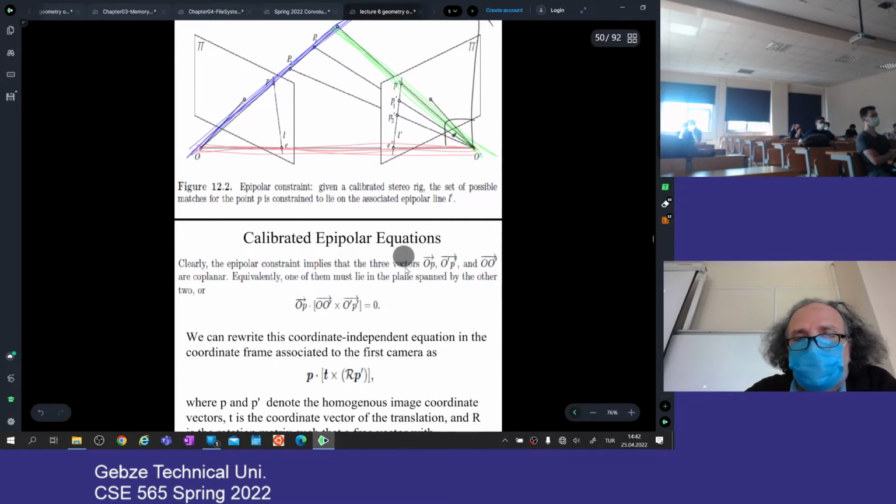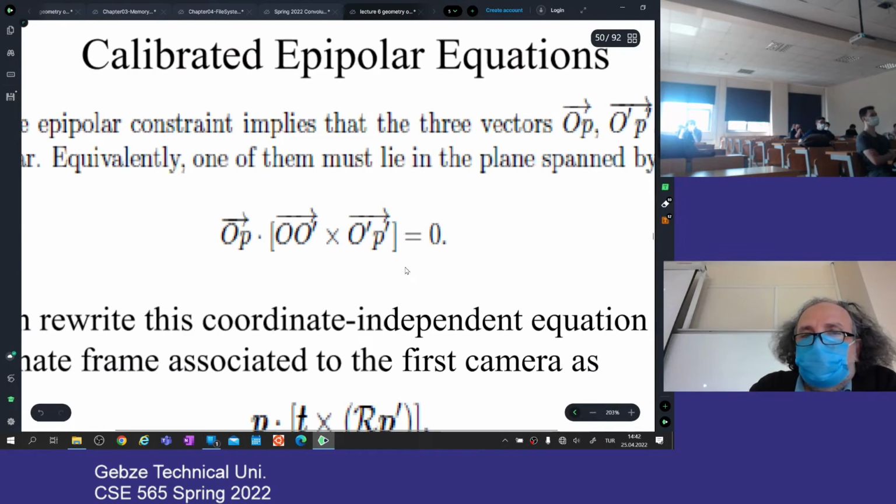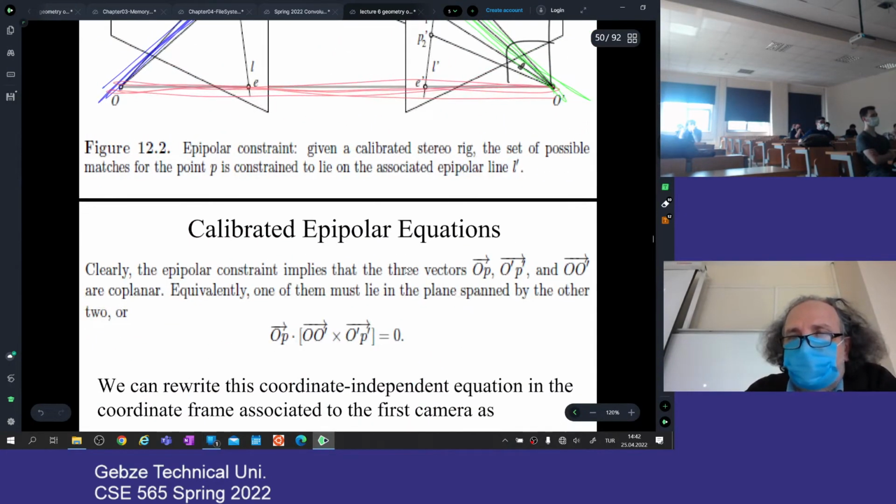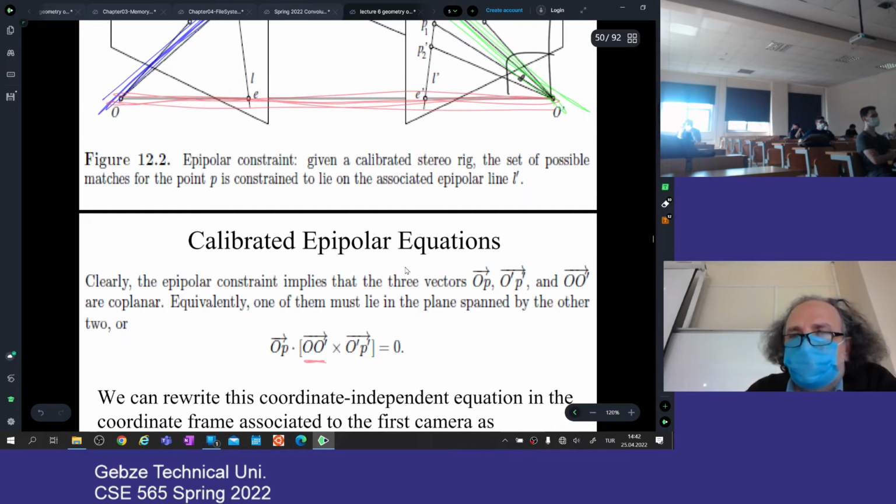Here is what I'm doing. Take the O prime, that is the red vector, and cross product it with the green one, and then I am going to dot product it with the OP.